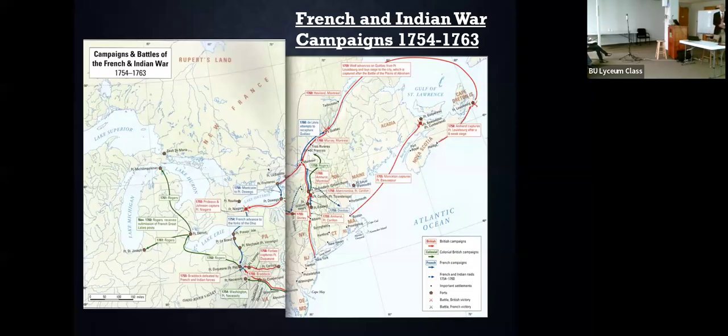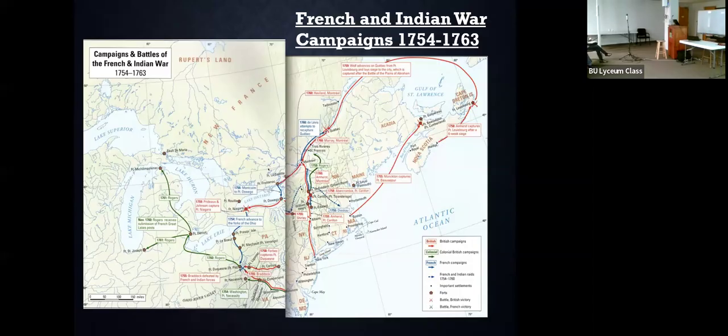This just gives you an idea of the main scope. Now, I'm sorry about the way the slide presents itself, but the idea is that in different segments throughout this entire war, you can see that it's mostly confined to the Northeast, okay?